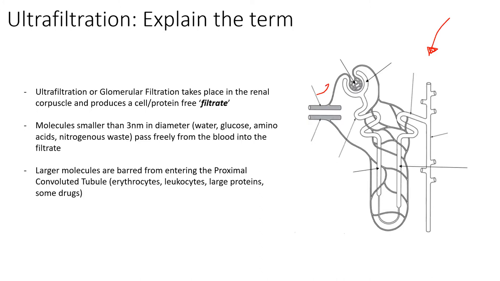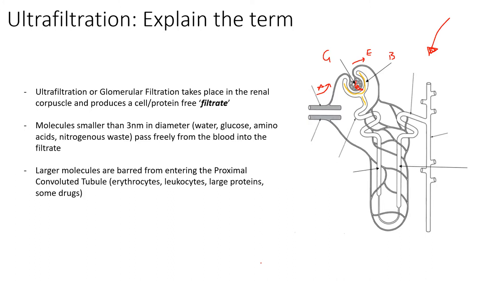Here we've got the afferent arteriole going into the glomerulus, which is this bundle here, and then you've got the efferent arteriole coming out of it. This is the Bowman's capsule. It's the thing that surrounds the glomerulus here. That's the Bowman's capsule.